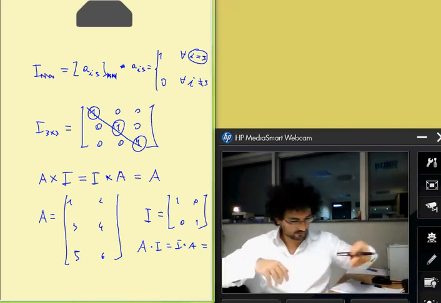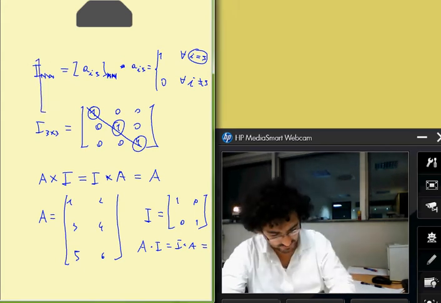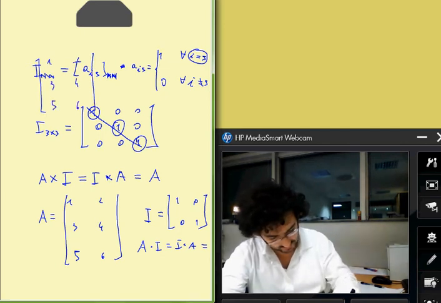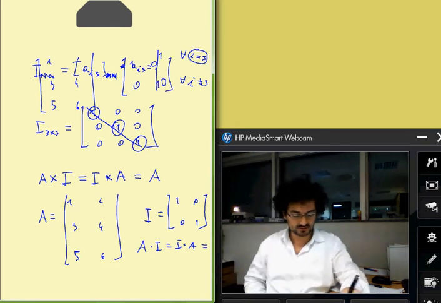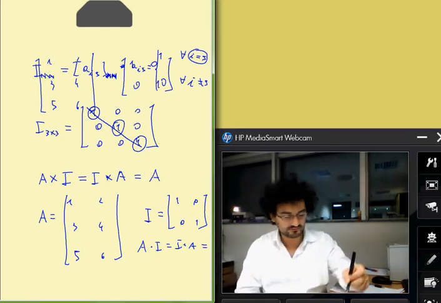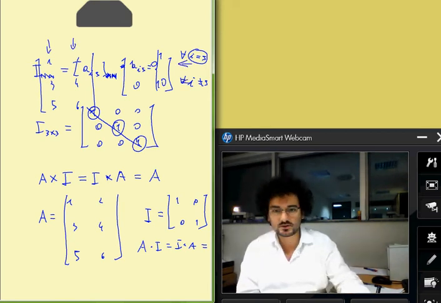We can check, for instance, if we want to compute the matrix 1 2, 3 4, 5 6, and we multiply this matrix by the 2 by 2 identity matrix. This operation is possible because the number of columns of the first matrix is 2, and this is equal to the number of rows of the second matrix.